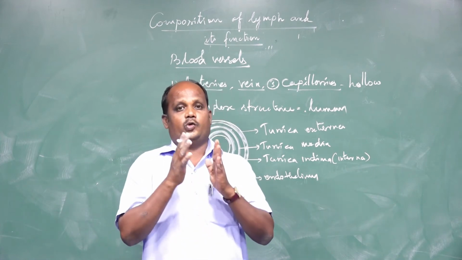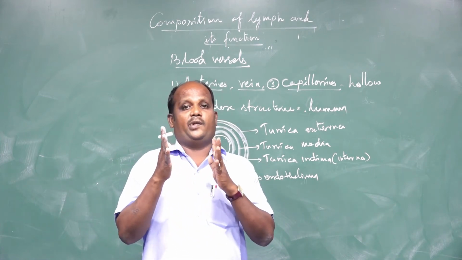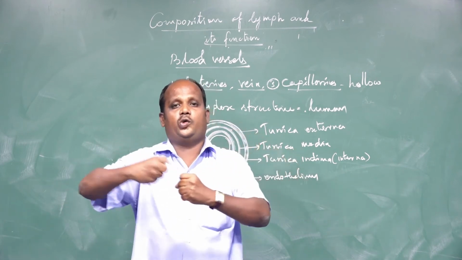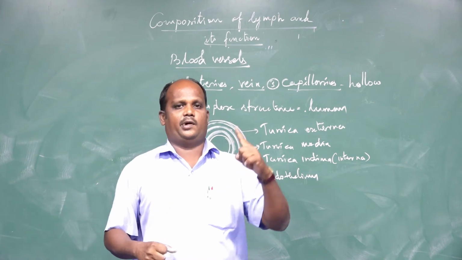Tunica interna, tunica media and tunica externa are all meant to transport blood from one part of the body to another part of the body. Blood vessels are elastic in form. They contract and relax to transport material from one part of the body to another.